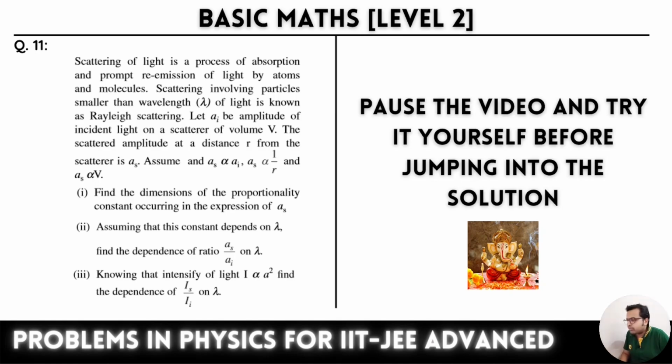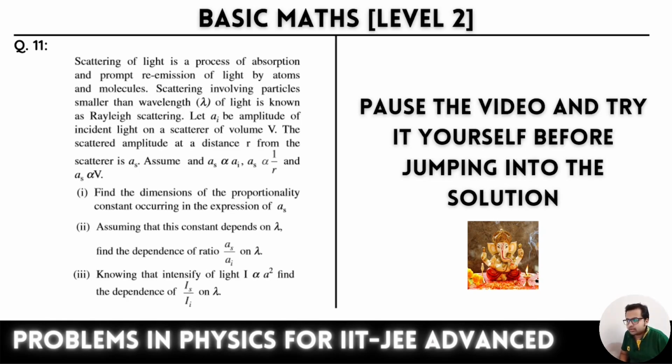Let A_I be the amplitude of incident light on a scatterer of volume V. Because for every wave there is an amplitude. So we have a scatterer of volume V, light is hitting that scatterer, and the light has amplitude A_I. The scattered amplitude at a distance r from the scatterer is A_s.